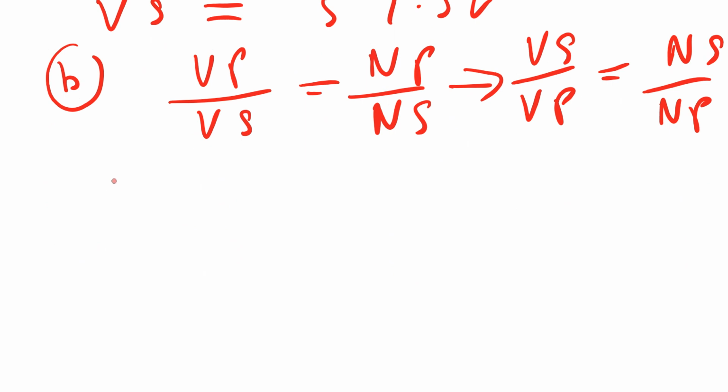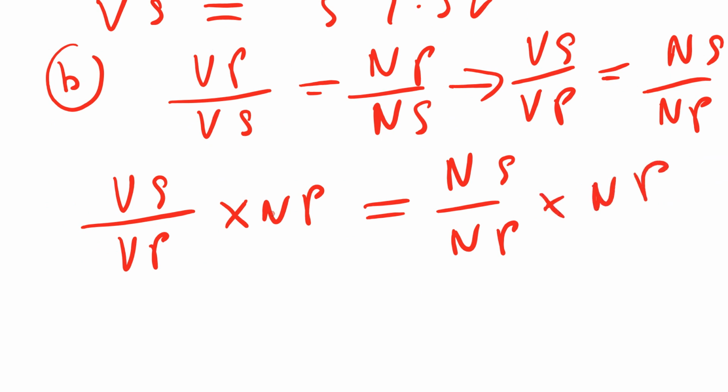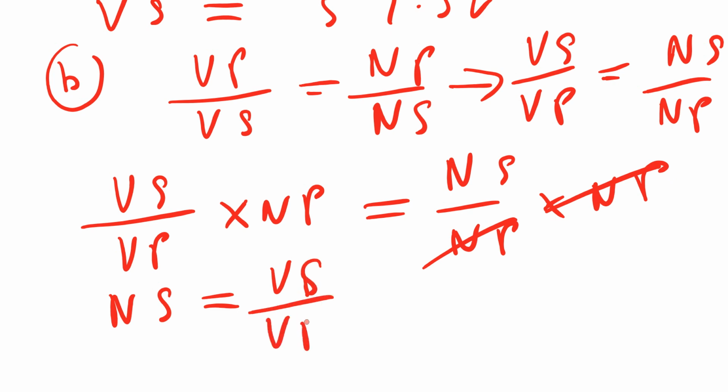So that then becomes Vs over Vp times Np equals Ns over Np times Np. So we've timesed both sides by Np. Now because I've got a divide and a times Np, I can cancel that. Then the equation becomes Ns equals Vs over Vp times Np.